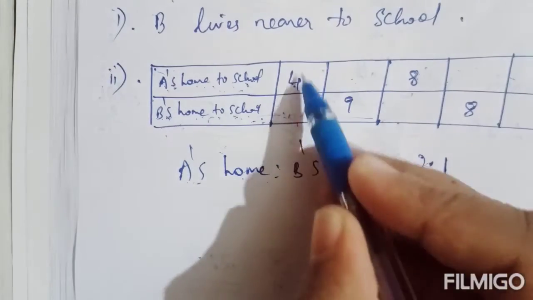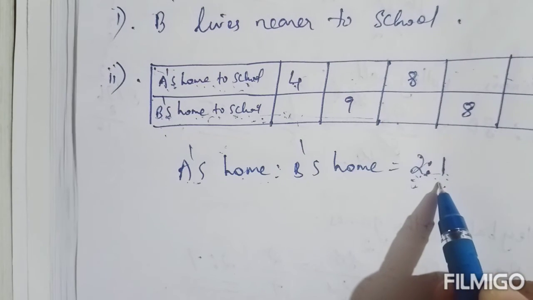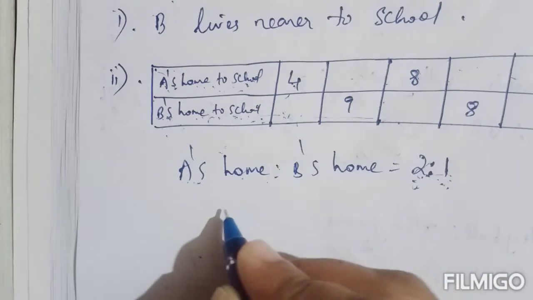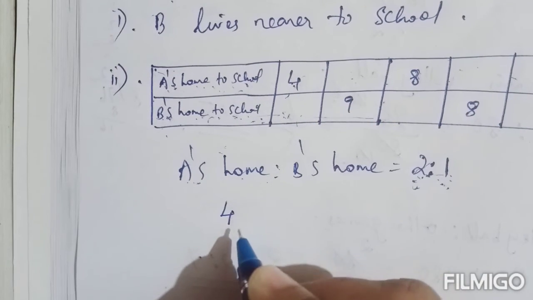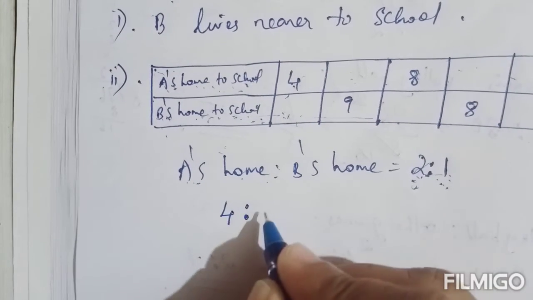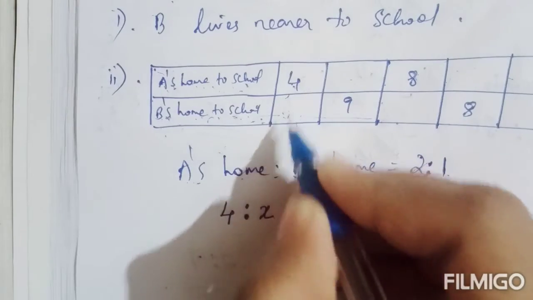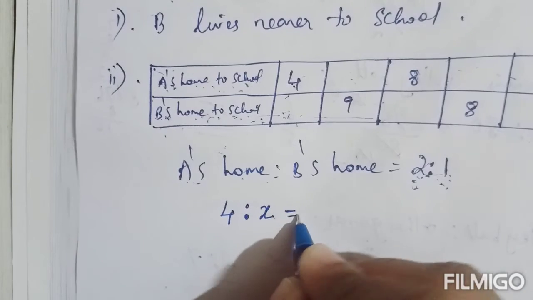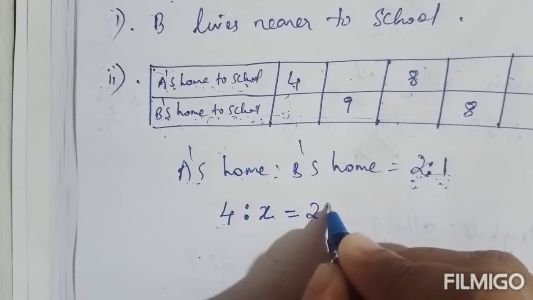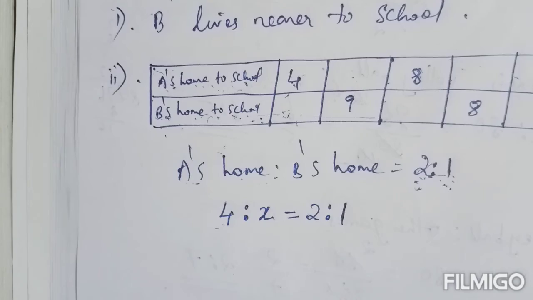Okay, if we take the ratio means it should be equal to 2 is to 1. So if A's home to school is 4, B's home to school we don't know that, so let us put that as x. Okay, we don't know this value, so let us take it as x. So their ratio if we are taking, that should be equal to 2 is to 1.